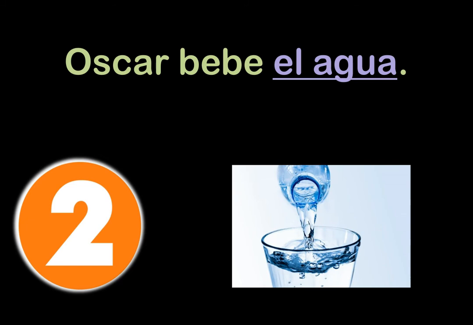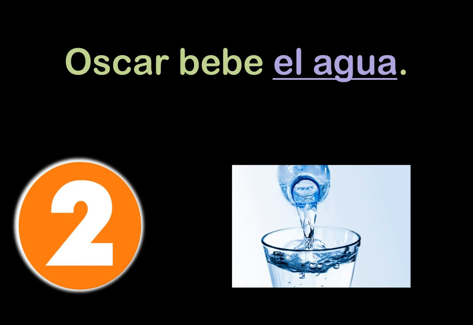Step 2. Now let's advance a little. In the sentence, Oscar bebe el agua, which is in a light purple, is the direct object. It's receiving the action of beber. So el agua is the Dora. We want to replace it with the direct object pronoun.